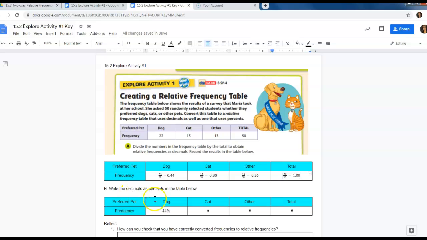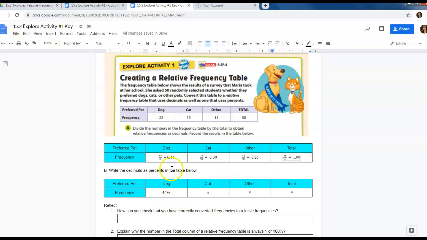Now, write the decimals as percents in the table. Well, you say 44 hundredths, so as a percent, it would be 44%. 30 hundredths as a percent is 30%.